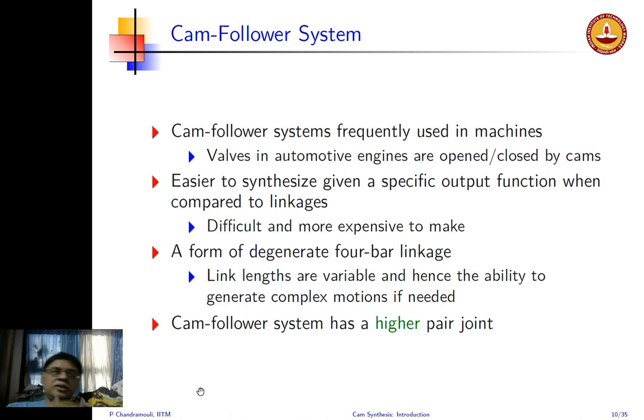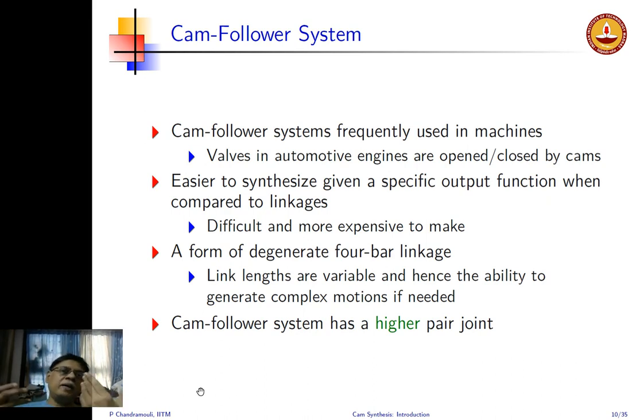We saw already an example of a valve where we saw dwells. It's actually done through a cam follower mechanism, and it's much easier to synthesize given a specific output function when compared to linkages. But again, they are more expensive to make. But the bottom line is that they are much more compact and more flexible in the design characteristics that I can bring in.